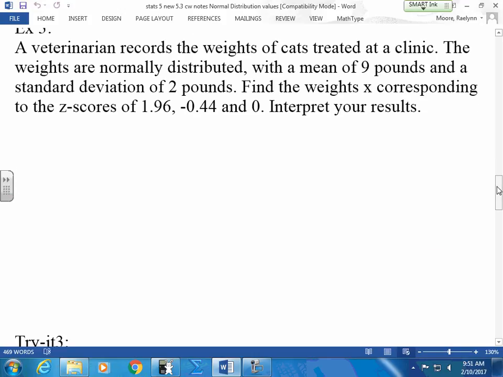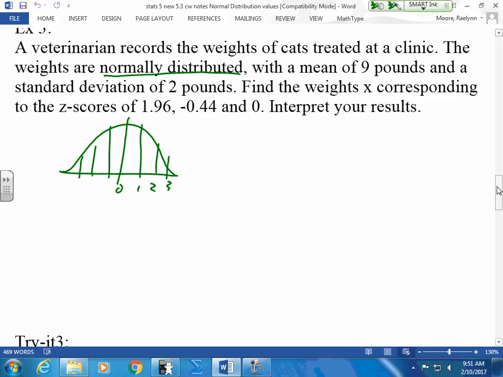So a veterinarian records the weights of cats treated at a clinic. The weights, again, are normally distributed. This is my normal curve, with a mean of 9 pounds and a standard deviation of 2 pounds.